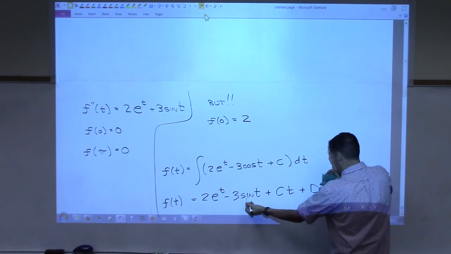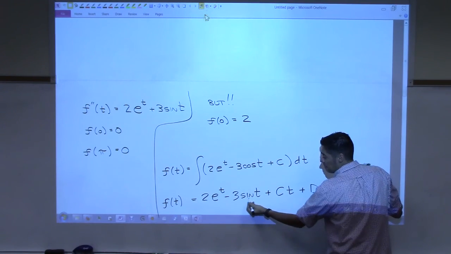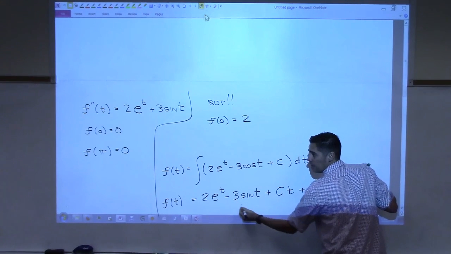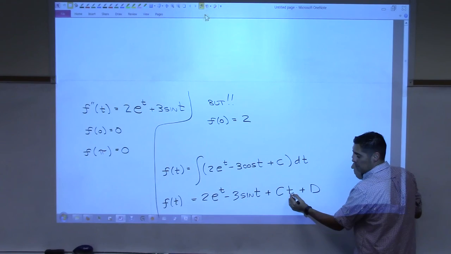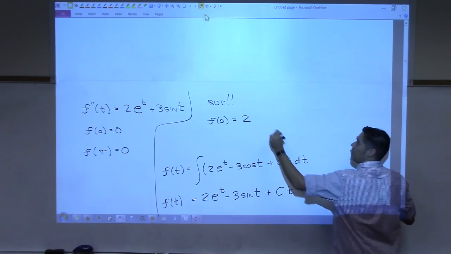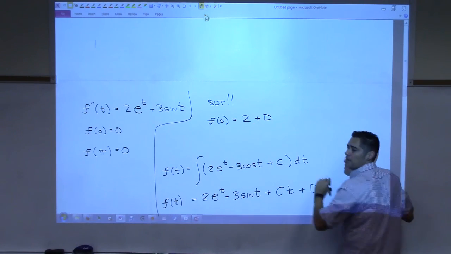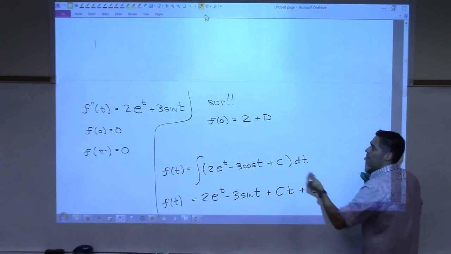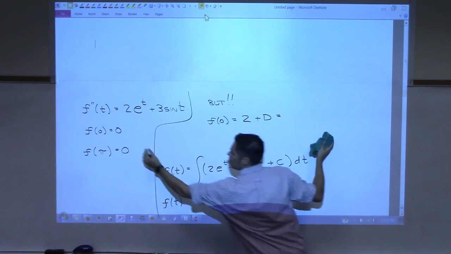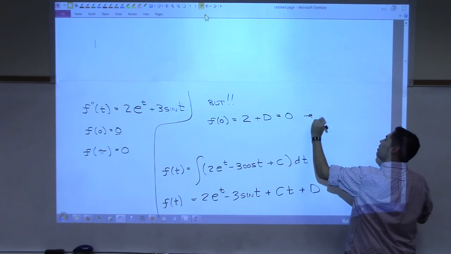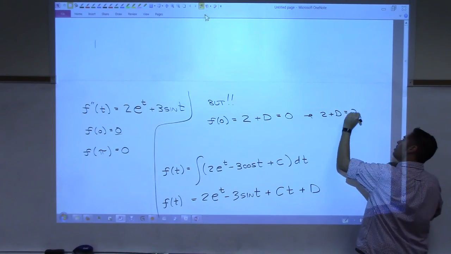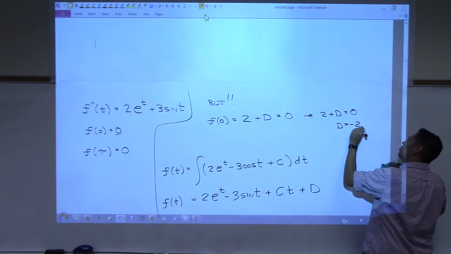What's sine of 0? 0, so that's gone, right? Plus, plug in 0 here: 0 plus d, so you get 2 plus d. At the end of the day, that's what you get there. That must equal what? 0, right? So that means 2 plus d must equal 0, which means d is negative 2. Agreed?